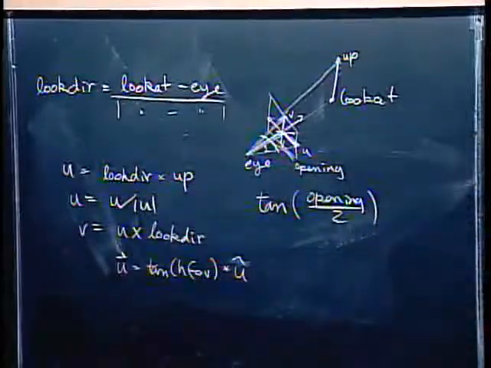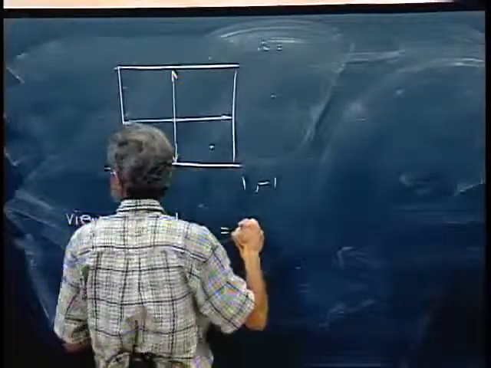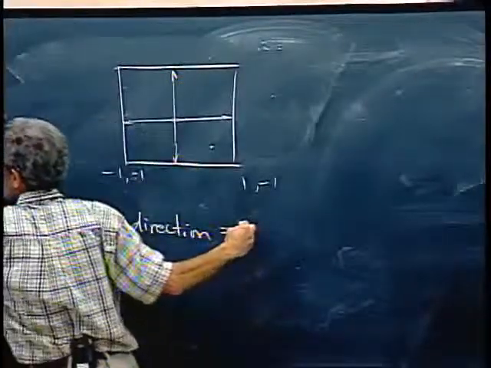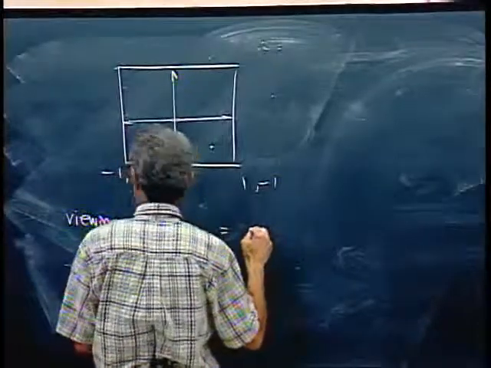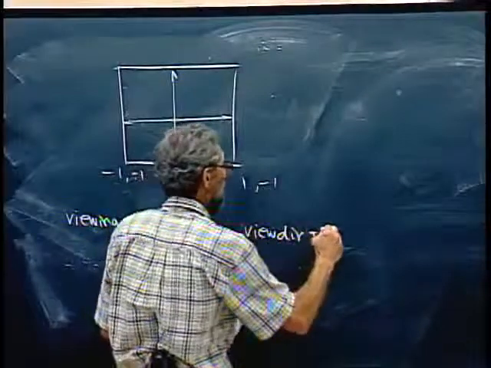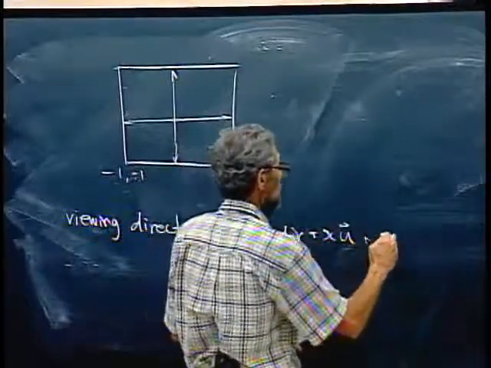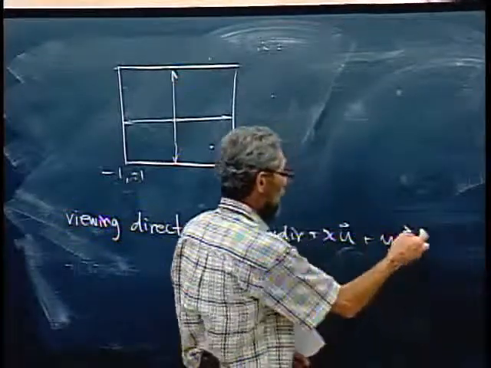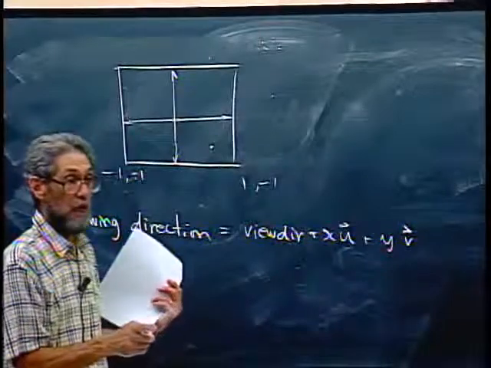So the viewing direction plus the scalar x times this u direction plus the scalar y times this v direction. It's not only direction, it's actually multiplied by a number to give you the right angle of opening.